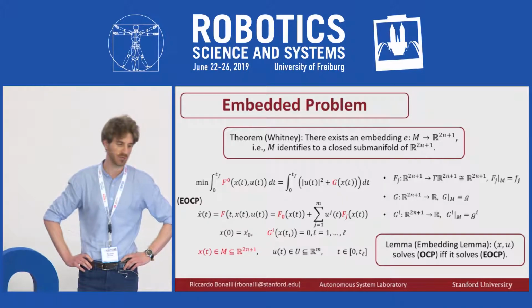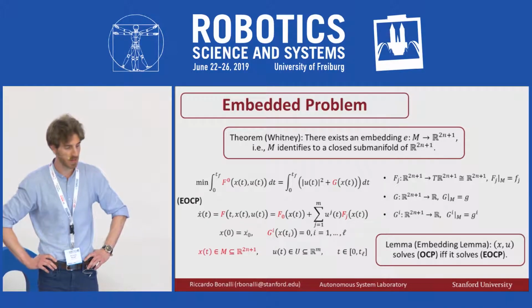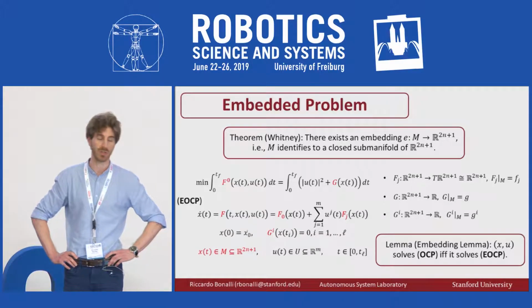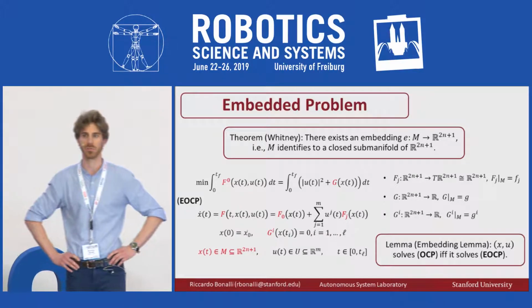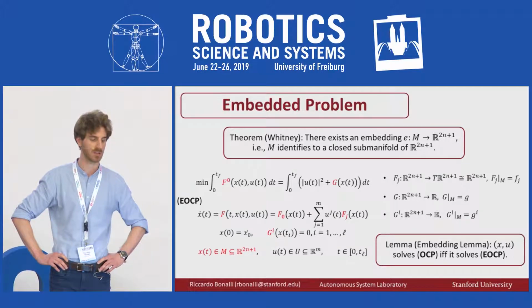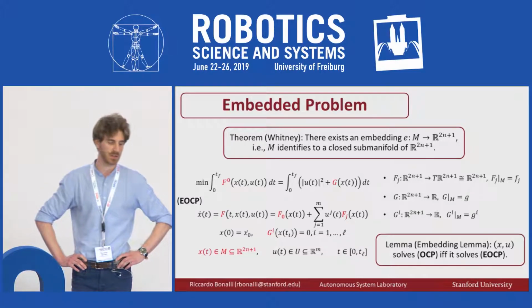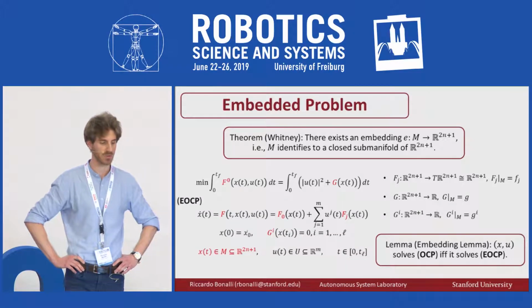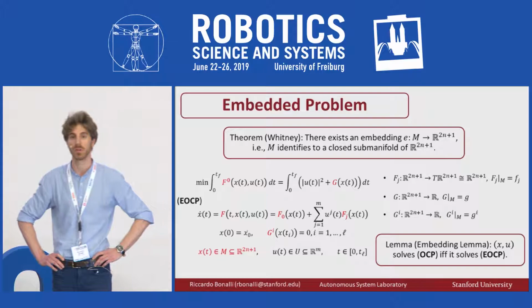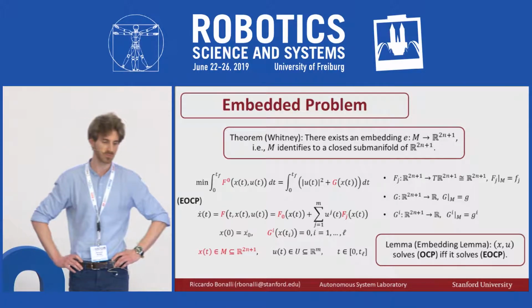This allows us to define the following embedded optimal control problem for which we extended all the considered mappings to a Euclidean space. The key result is noting that a trajectory is a solution for this problem if and only if it is a solution of the original formulation.